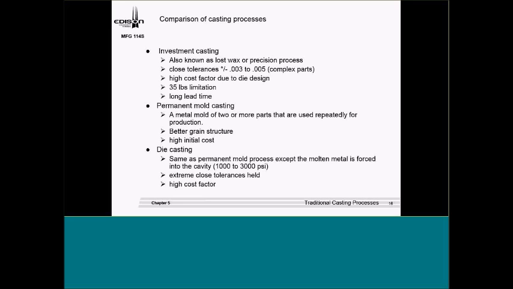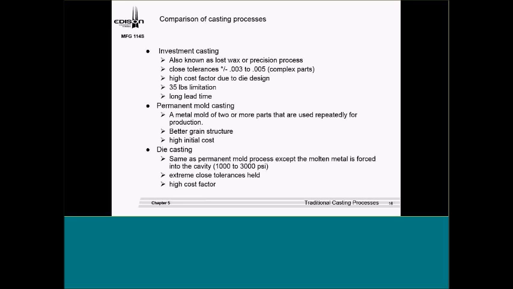Permanent mold casting is where you have 2 or more parts that you use repeatedly for production. You get very good, better grain structure, but again, you have a higher initial cost because of the mold itself. And then we talked a little bit already about die casting. It's like permanent mold, except the molten metal is forced into the cavity at about 1,000 to 3,000 psi.